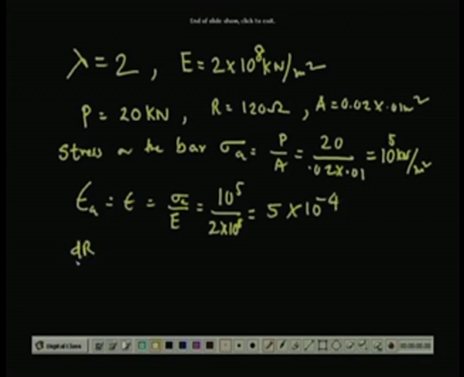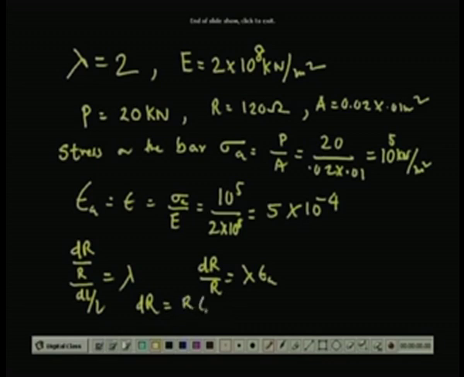So, dR by R, we know, like dL by L, equal to lambda. Or I can write dR by R equal to lambda into epsilon A, axial. So, delta R or dR will be equal to R into epsilon into lambda.